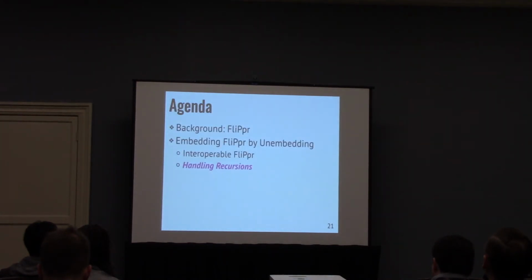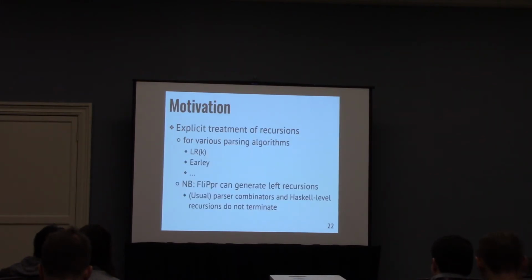Let us now explain more about handling recursion. We want to handle recursion explicitly because parsing algorithms treat it explicitly. For example, CYK parsing, Earley parsing and many other kinds of parsing algorithms treat recursion explicitly. Also, Flipper can generate left recursions, and usual parser combinators and Haskell-level recursion do not terminate for left recursive grammars.